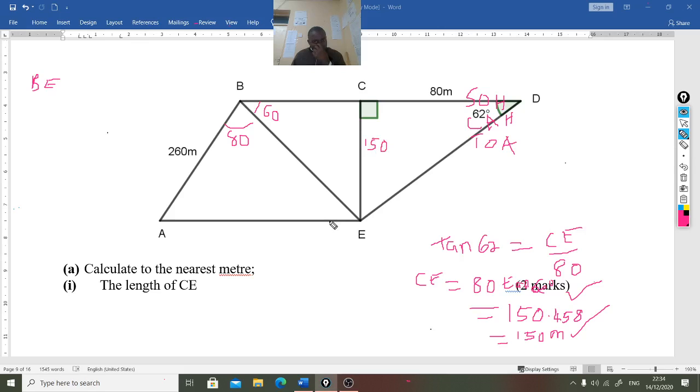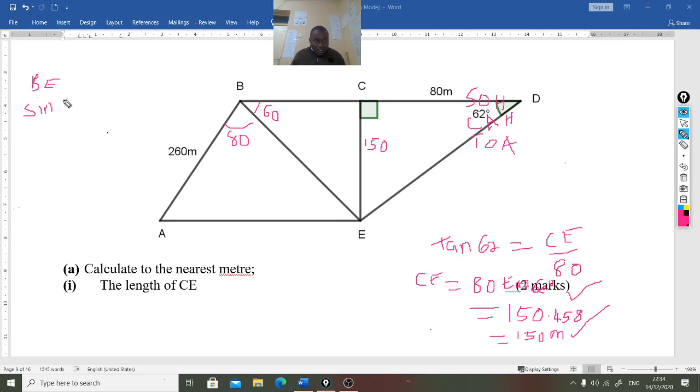If we found this to the nearest meter to be 150, then if I use the same 150, I'll be able to find the hypotenuse. Remember this is opposite to this angle, so I use sine.